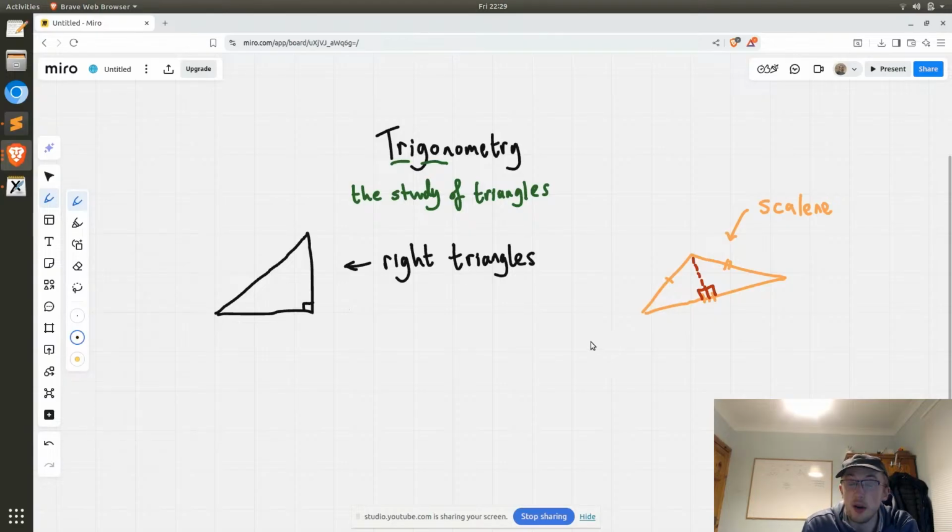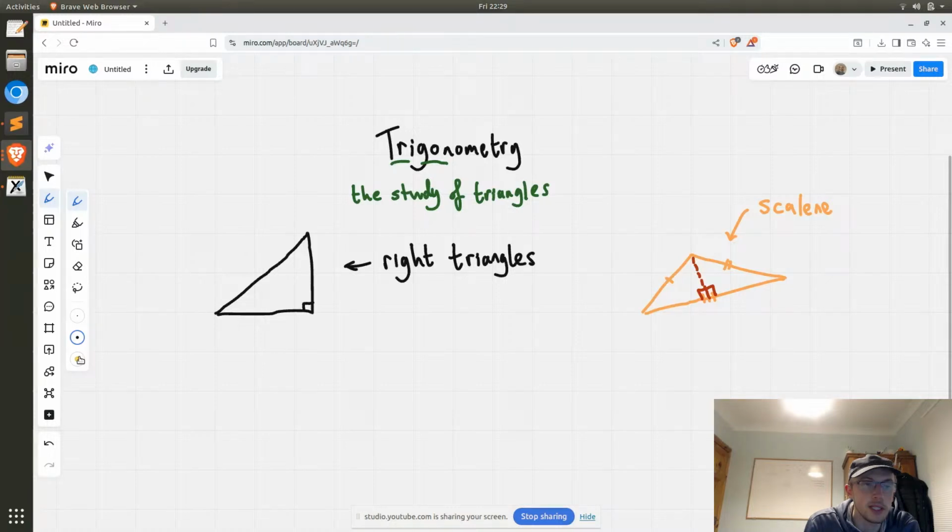But there are a lot of right angle triangles. So the next question is, what right angle triangles are special? And I propose the following.